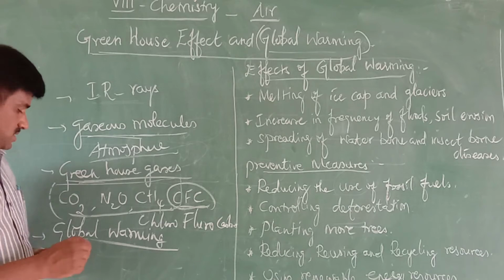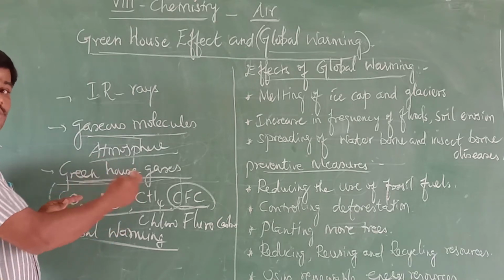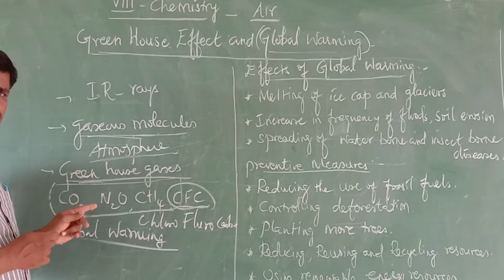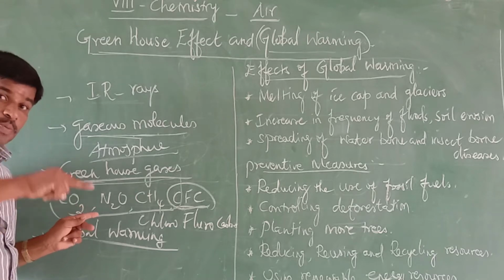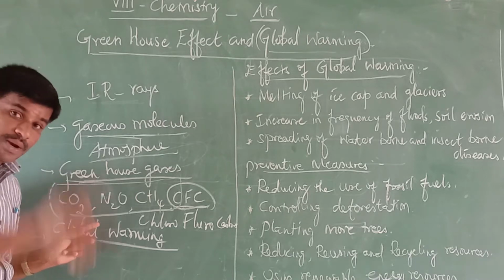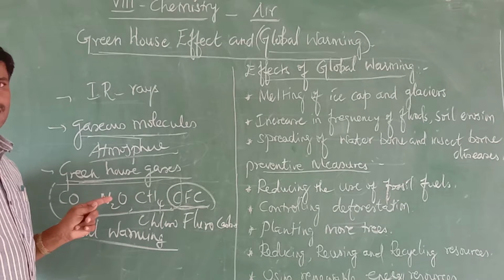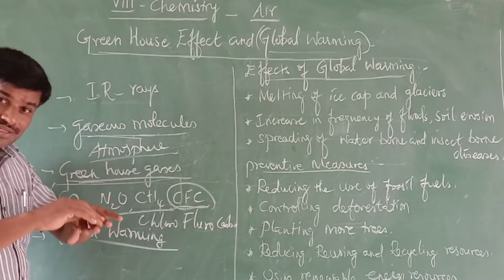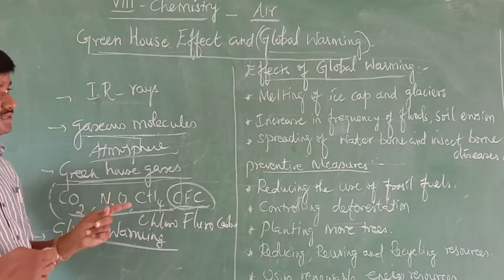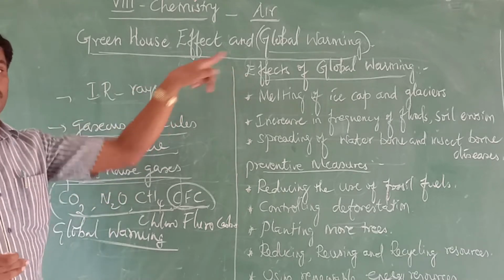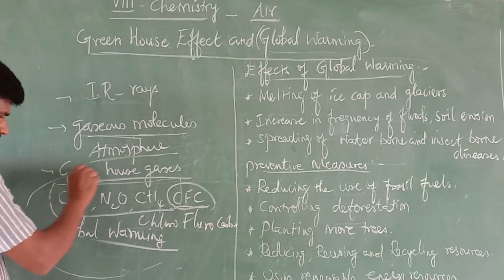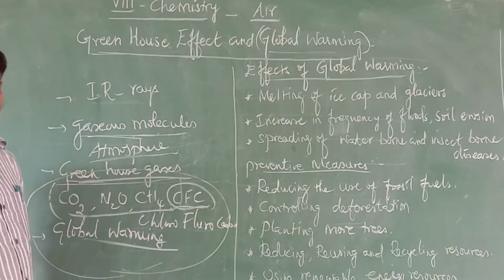Because of that, the amount of these gases increases, and the temperature of the atmosphere also increases. When the temperature of the atmosphere increases, some hazardous things will happen. Those are the effects of global warming. Understood? So this process is called global warming.